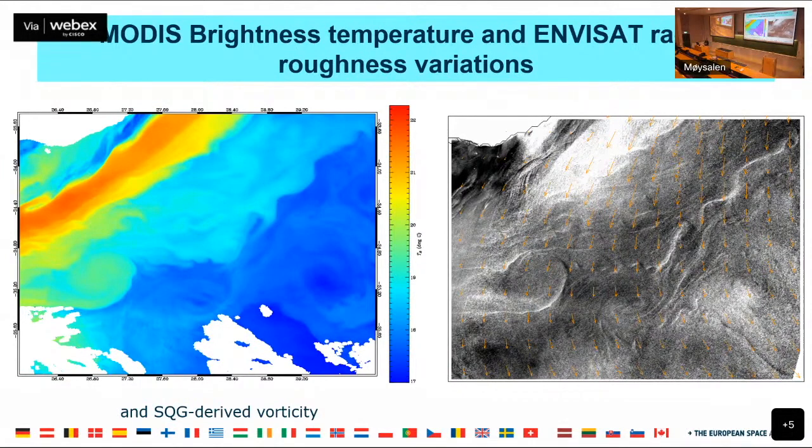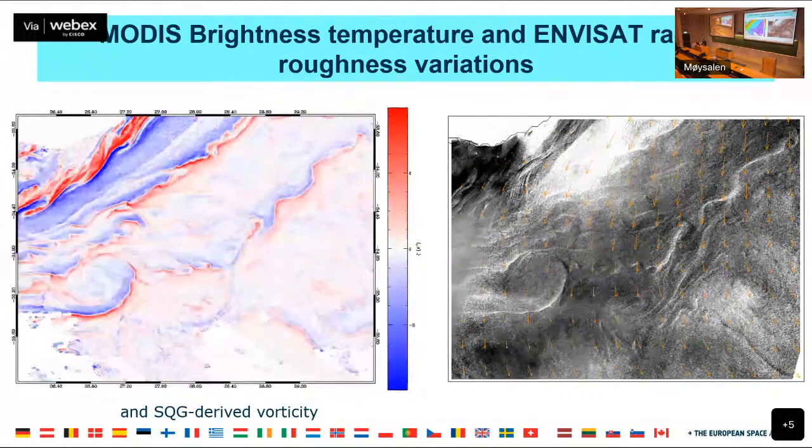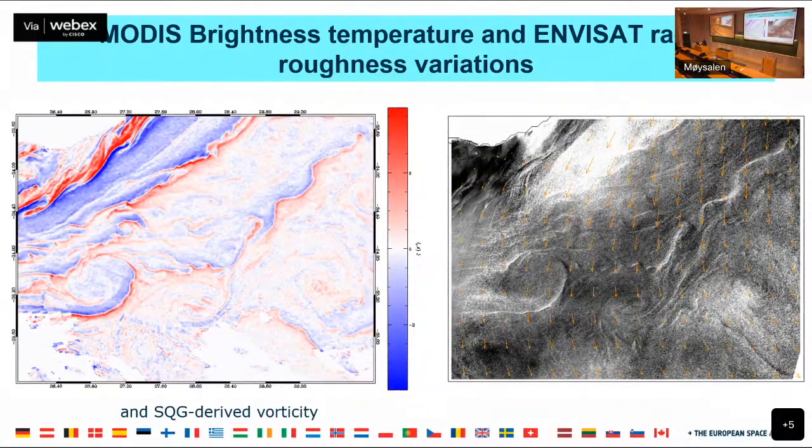But what can we do with this? If you look at the sea surface temperature field, we can turn that immediately into a proxy for a QG-derived vorticity field. This is the QG-derived vorticity field. And when you look at this, you are immediately illustrating areas of dominating convergence and areas of dominating divergence. In the SAR field, we always find that where there's a bright front in the SAR image, it is due to convergence.